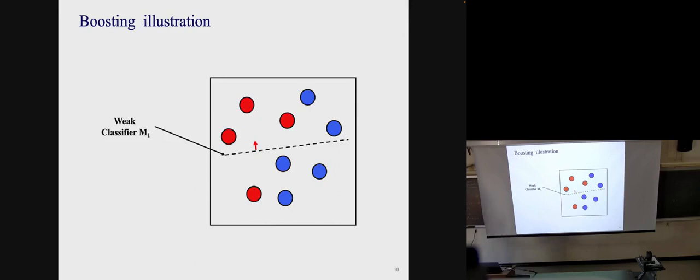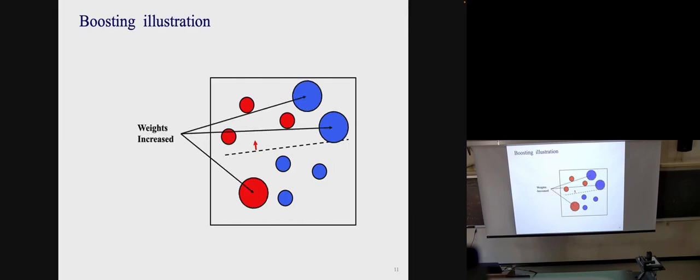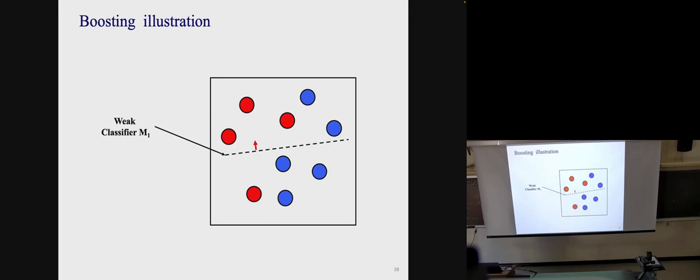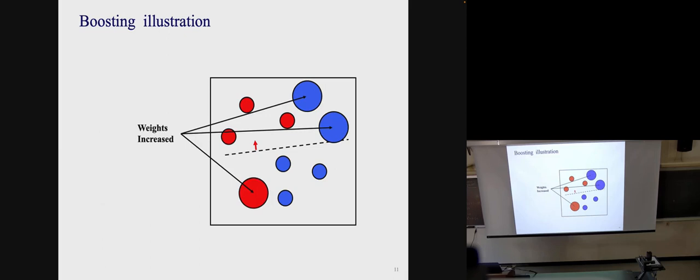So this is a weak classifier we have, again, that classifies these points. Now it made 2 mistakes here and 1 mistake here. Now we increase the weights of those data points, of the blues and the reds.